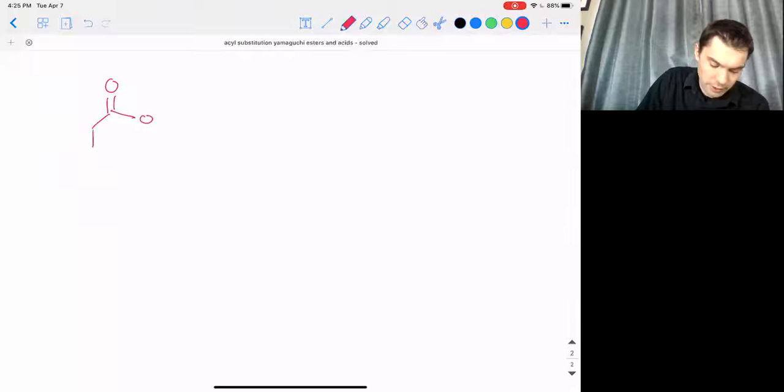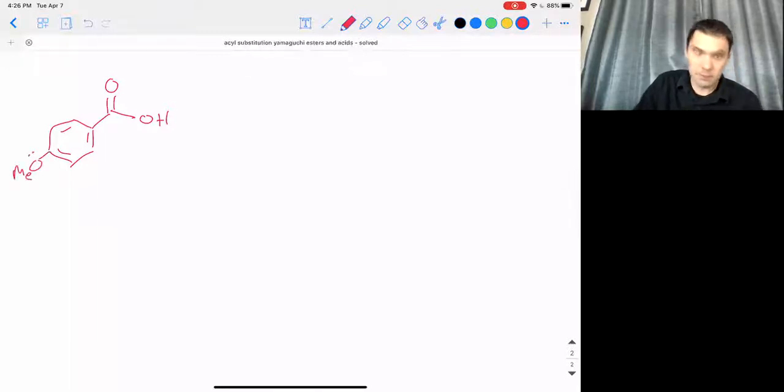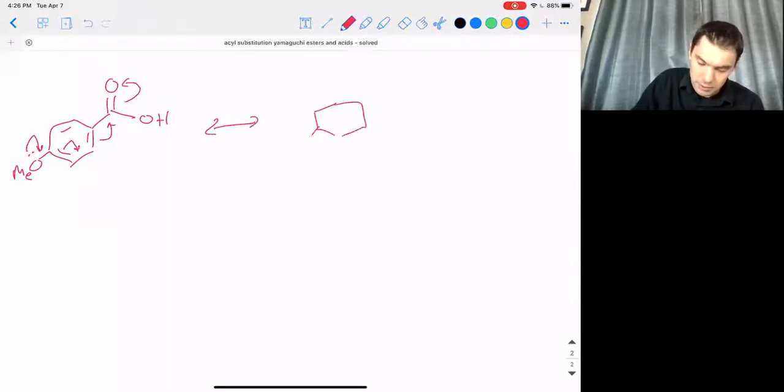Most of the time when we have a benzoic acid, we know that it should want to be in the plane of the arene so that it can be conjugated with that system. And so let's just imagine a system like this one, para-methoxybenzoic acid. We can use that methoxy lone pair and delocalize it all the way up into that oxygen. And so this would be a resonance structure of para-methoxybenzoic acid.